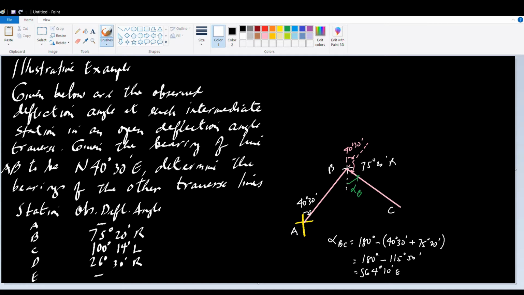Alright, so we now proceed in determining the bearing of line CD. So we are at C. We make an extension of line BC. And then we lay out an angle of 100 degrees 14 minutes in a counterclockwise direction. Deflection angle is left. So that should be somewhere here.